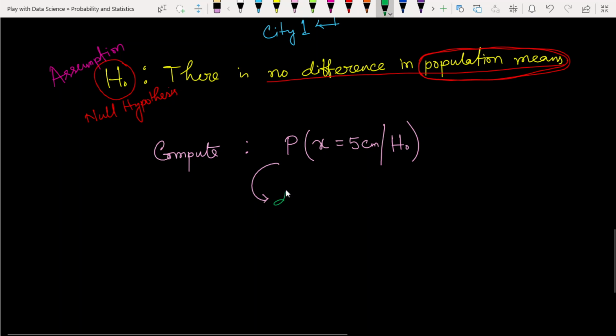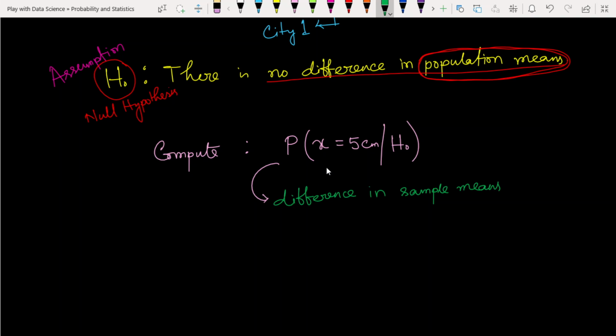So this means the differences in sample means with a sample size of 50.